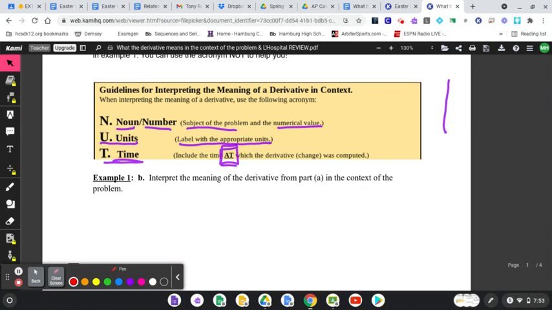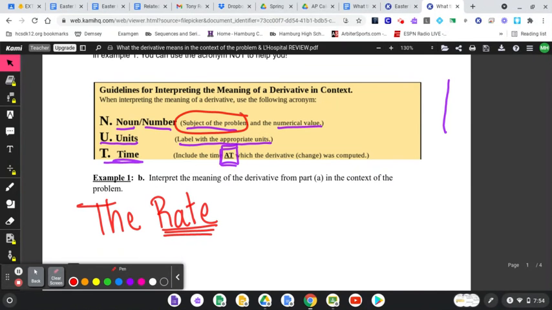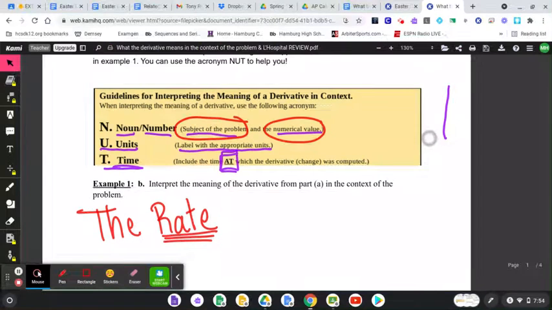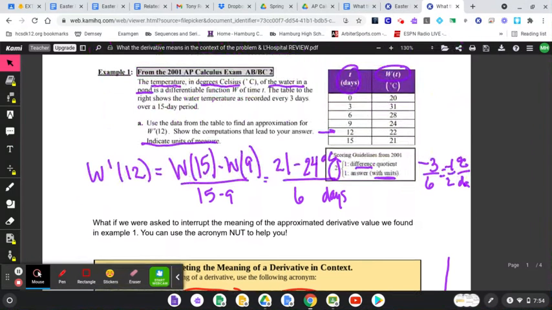So again, anytime I take the derivative, I'm starting with my sentence, the rate. Rate is that 4-letter word, so highlight that in your notebook there. 4-letter word for derivative. The rate. And now I'm going to describe what's happening. The subject of the problem and the numerical value. The rate, and I cannot go up and highlight here. We're talking about the water in the pond.